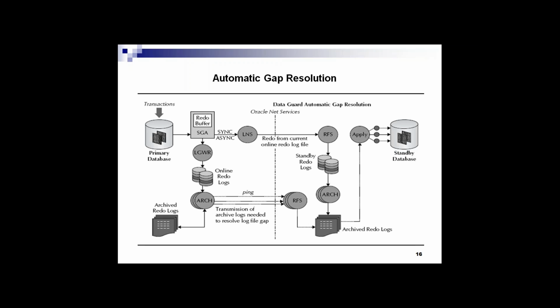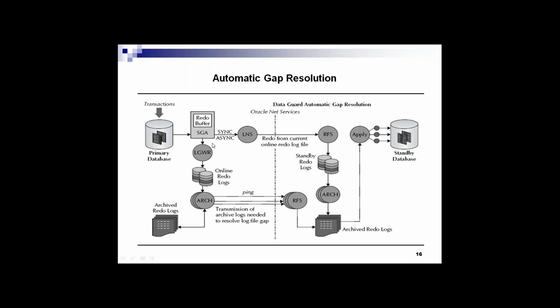The RFS process running at the standby side picks up the transferred data and writes it into the standby redo logs, and the archive logs get generated and applied at the standby side.